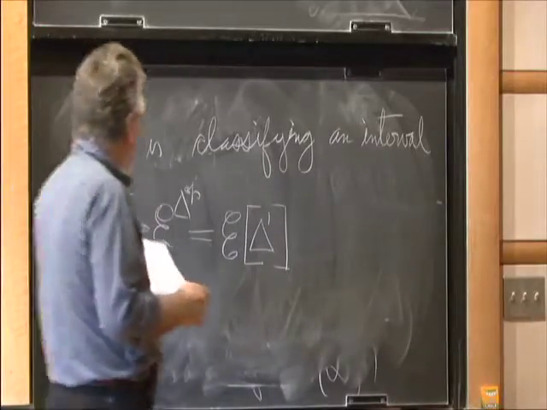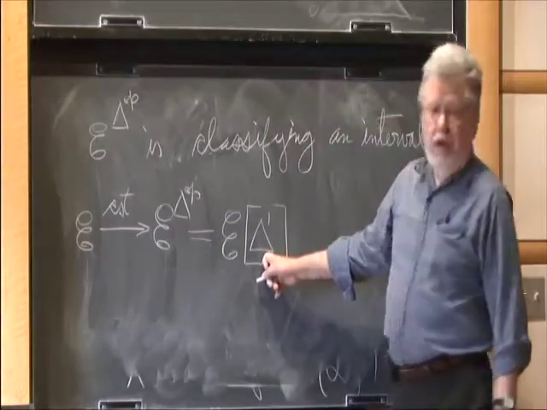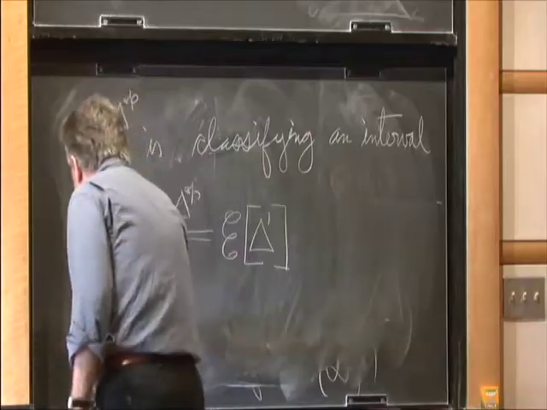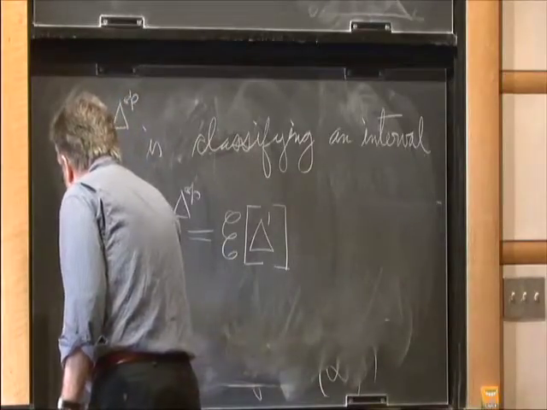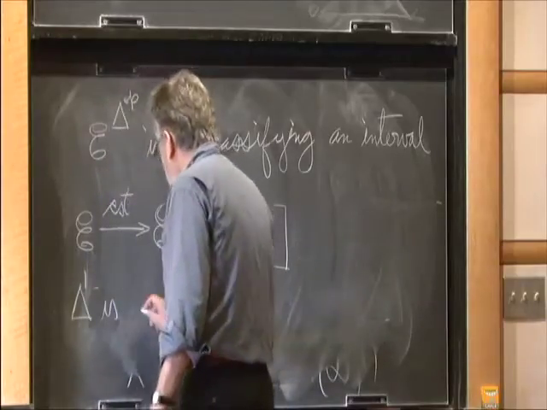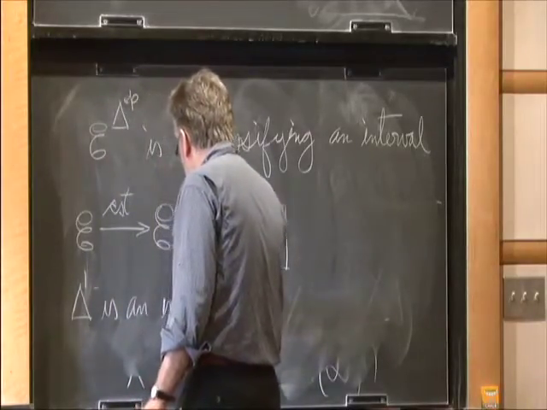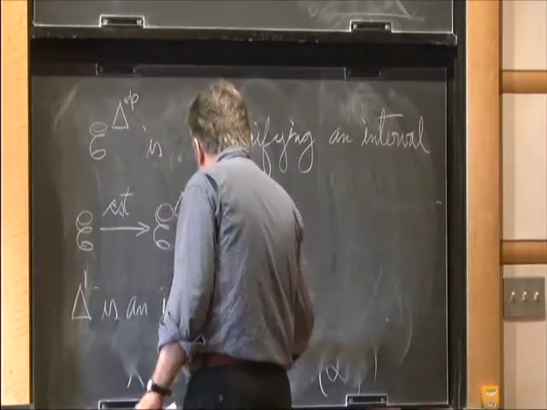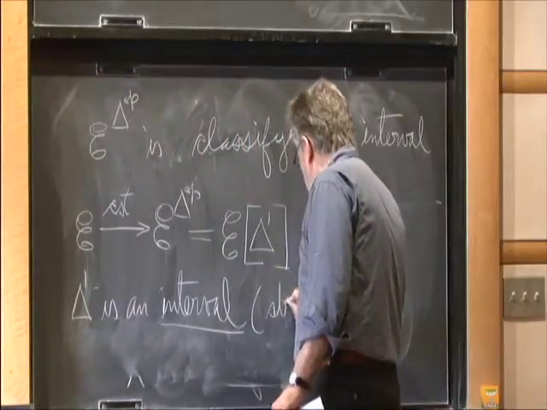And this interval object is the simplicial object delta 1. And delta 1 is an interval, a strict interval.